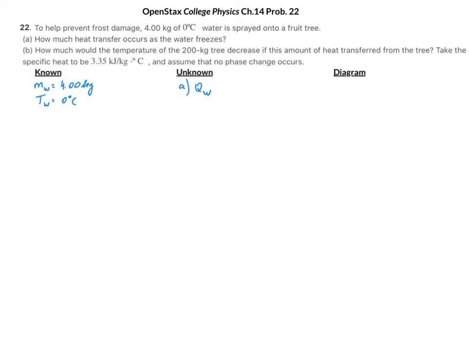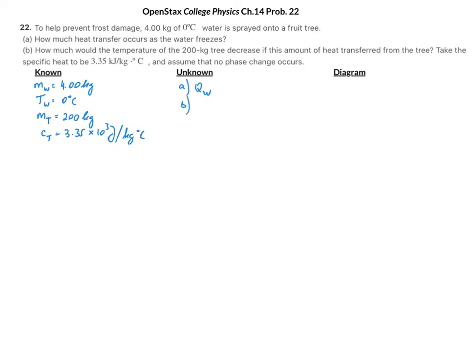And then in part B, we're told that the mass of the tree is 200 kilograms and the specific heat of the tree is 3.35 times 10 to the third joules per kilogram Celsius degree.